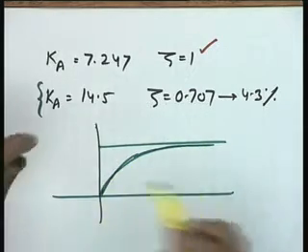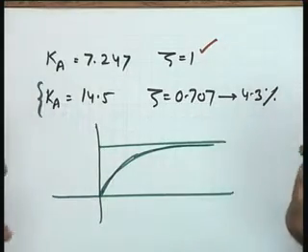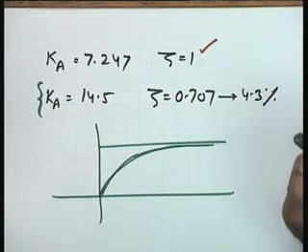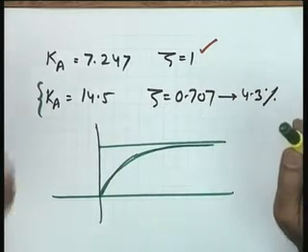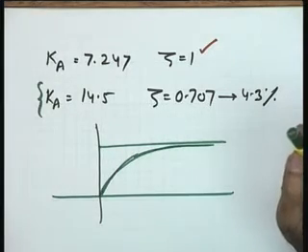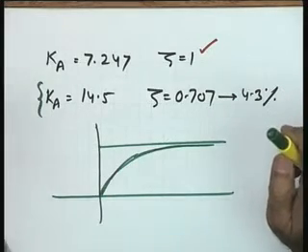Now I know that for a general application, this value of Ka equal to 7.247 may not be acceptable to you. The reason being that the settling time for zeta equal to 1 is reasonably high. Unless the user tells you that I want zeta equal to 1, you will not like to design for zeta equal to 1 because the settling time is reasonably high.